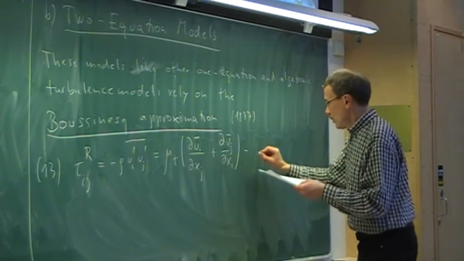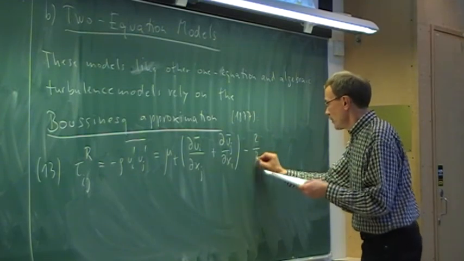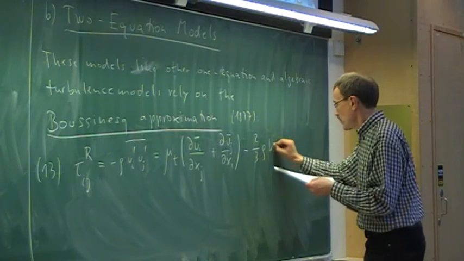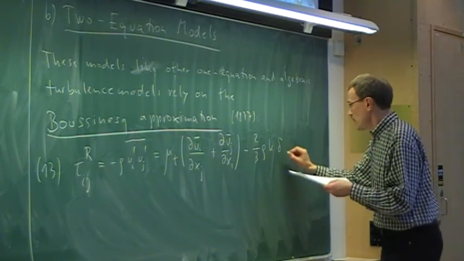And then we have also, to get that right, minus 2/3 times rho times the turbulent kinetic energy times the Kronecker delta.